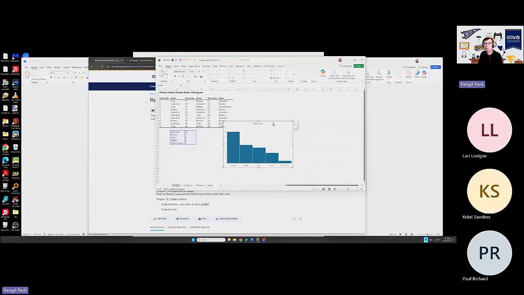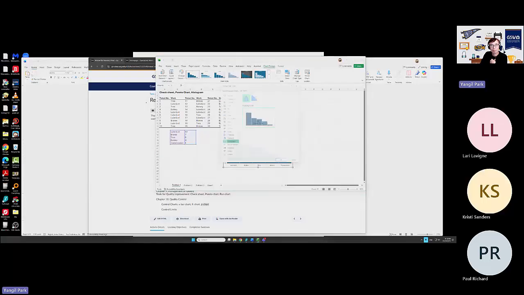I think the textbook says Pareto chart, but Pareto chart and histogram are almost the same. The only difference is, since we're going to use Excel, if you go to chart design and change chart type, there is histogram, and right by histogram we have Pareto chart, which is the same histogram but gives you the line, giving the tendency of that data set.